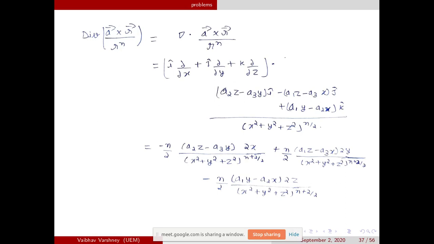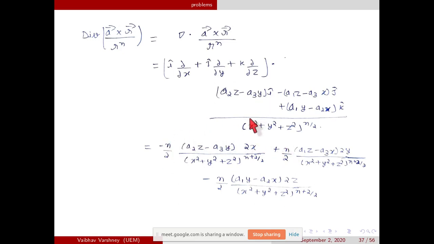And again we have to do the derivative of this bracket term, and it comes out to be 2x. So when you do the derivative, this n by 2 comes, and this denominator term comes, then we have to do again the derivative of x square plus y square plus z square, then this 2x term comes. Any problem in the first term?